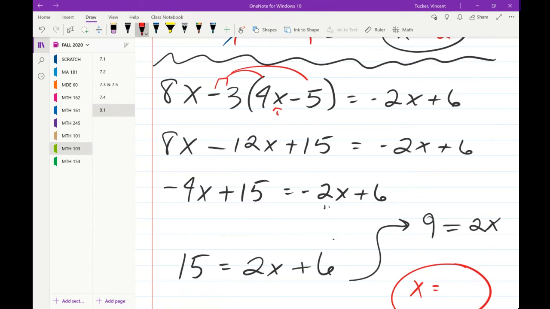So from there, we'll combine the like terms. 8x minus 12x will give me negative 4x, plus 15 equal to negative 2x plus 6.